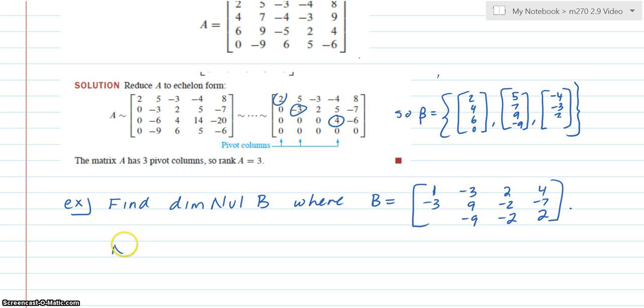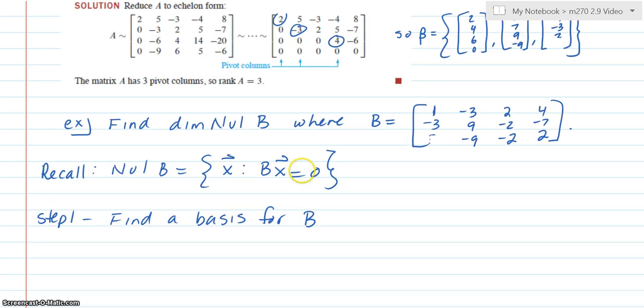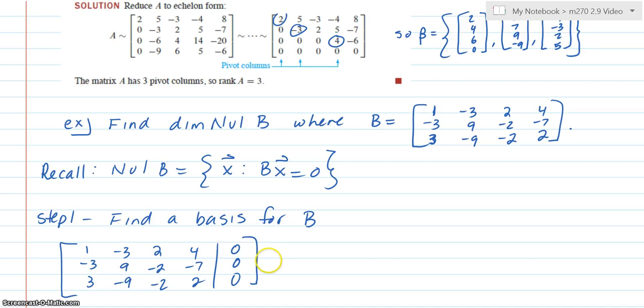If you recall, Nul B is the set of x such that Bx equals 0. So let's go ahead and find a basis first. I'm going to look at Bx equals 0, that matrix, and I'm going to row reduce this.